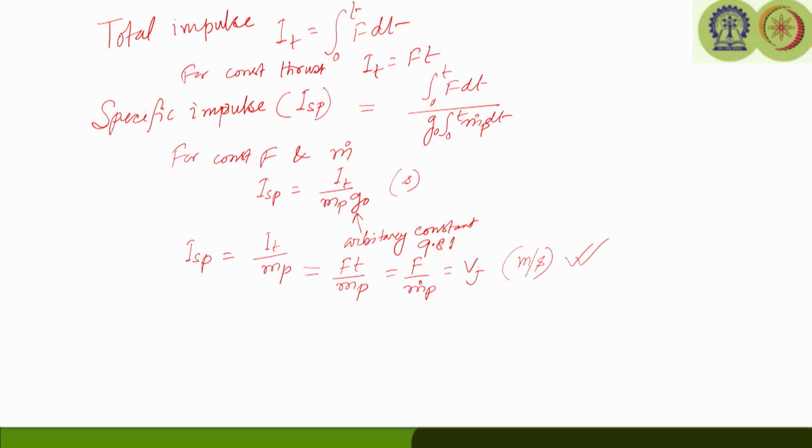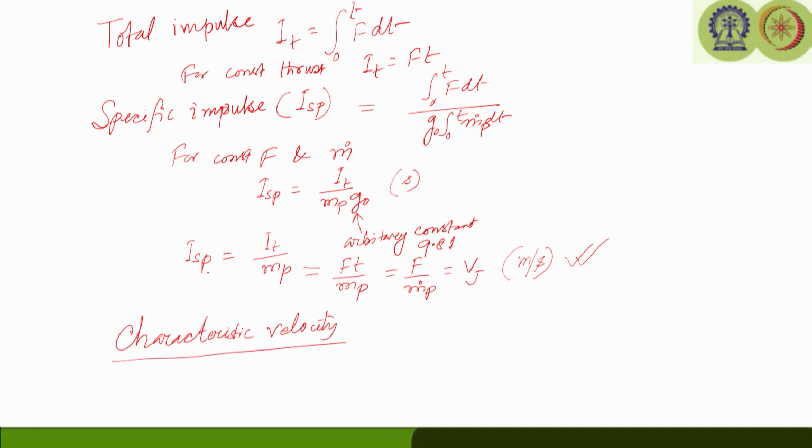Now, what other parameters can we keep deriving? One such important parameter is called the characteristic velocity.